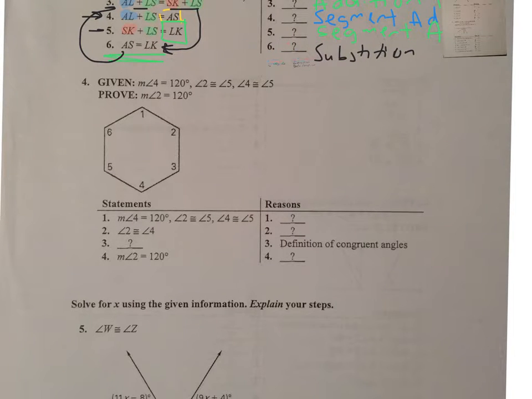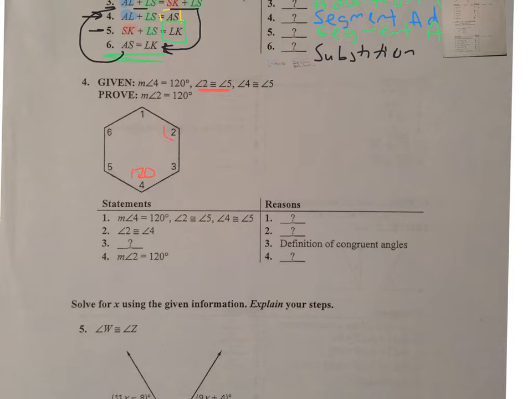Again, let's think about it before we jump in. Given the measure of angle 4 is 120 degrees. Okay, so I'm just going to write that down right now. The measure of angle 4 is 120 degrees. Okay. Angle 2 is congruent to angle 5.